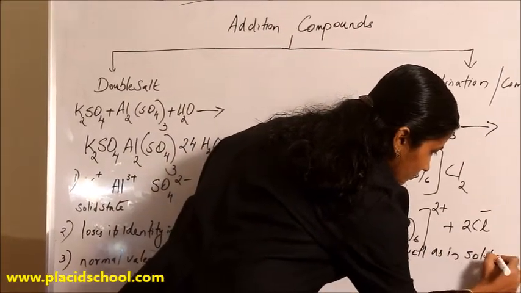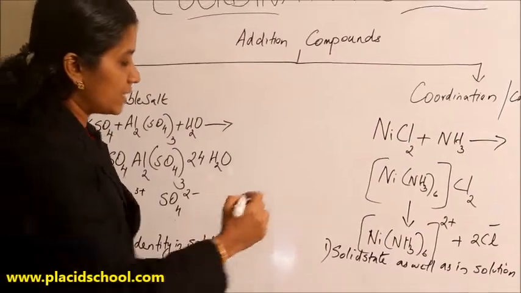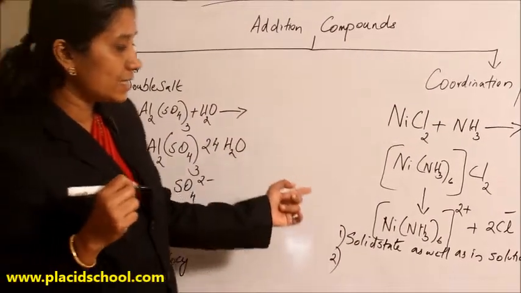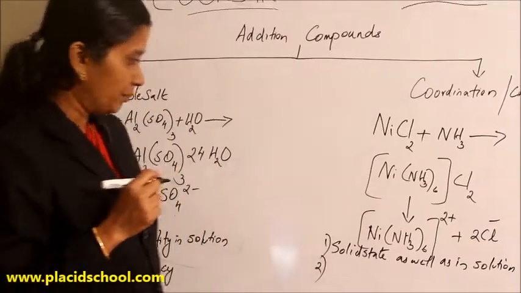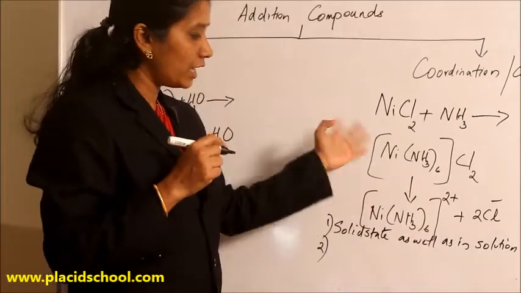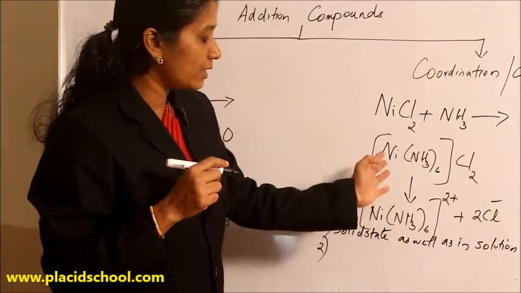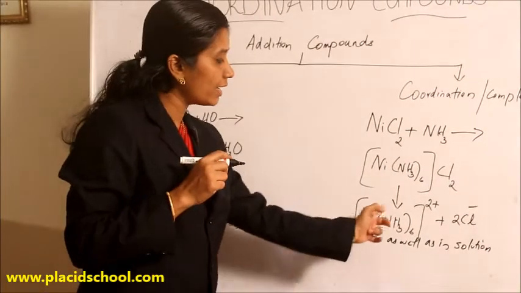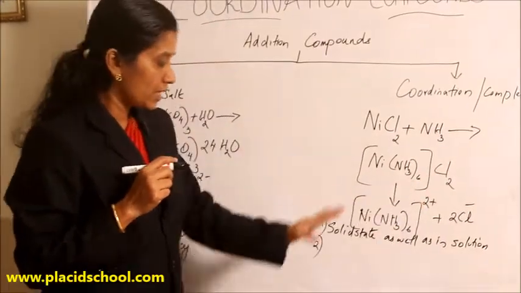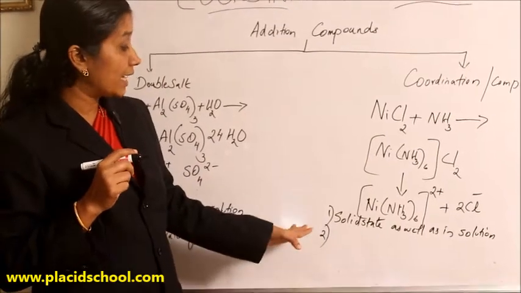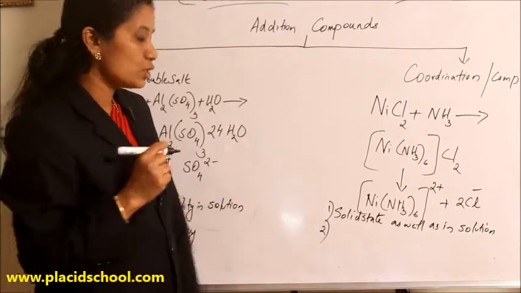Second one, it does not lose its identity completely in solution. That means this [Ni(NH3)6] does not split to form Ni2+ ion or NH3 or NH4+ ions like that. So we get a complex ion [Ni(NH3)6]2+. That is why the second difference is that it does not lose its identity completely in solution.